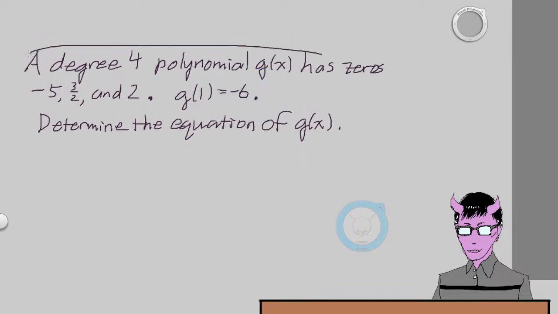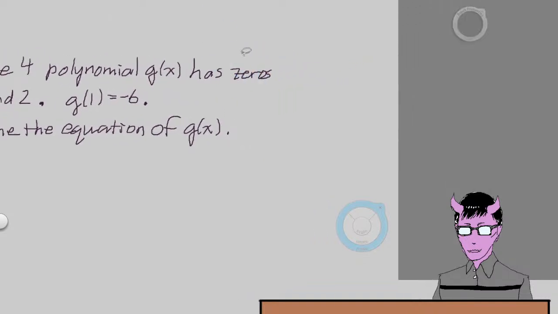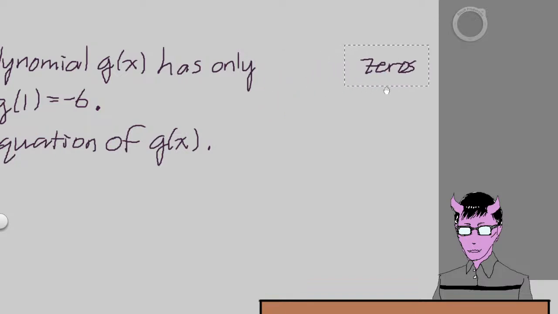So let me think about how I can make this wording a little better. Degree 4 polynomial has only the following zeros. Yeah, there you go. Okay, unfortunately there's no more space.